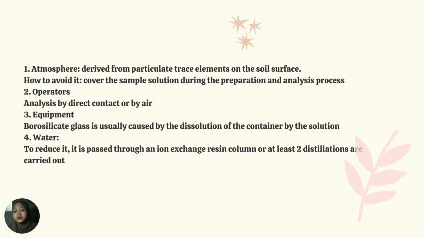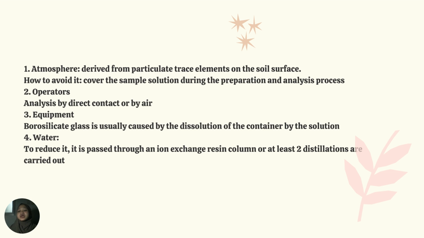Contamination by operators of analysis, by direct contact or by air. Contamination by equipment, such as borosilicate glass, is usually caused by the dissolution of the container by the solution. And the next is contamination by water.